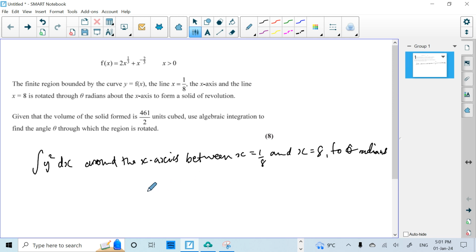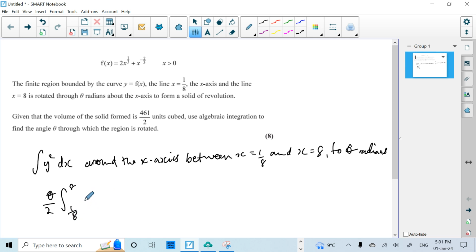Now, the important thing to note is we have to divide our rotation. If it's theta, the rotation, we have to divide it by 2 because it's always half of the rotation. So we've got theta over 2 multiplied by the integral, with limits 8 and 1/8, these are our boundaries.